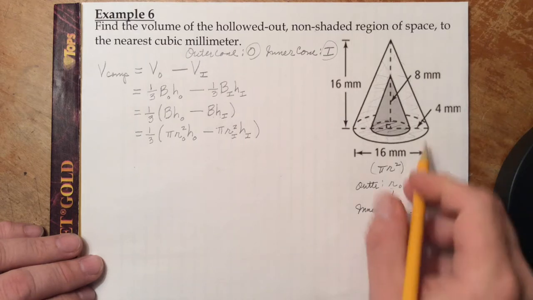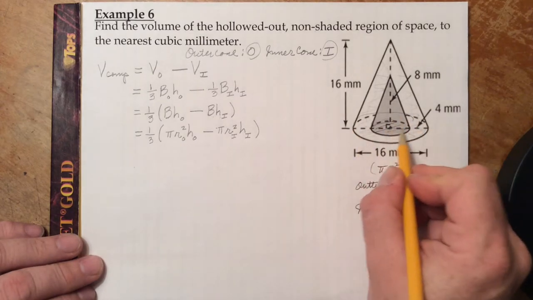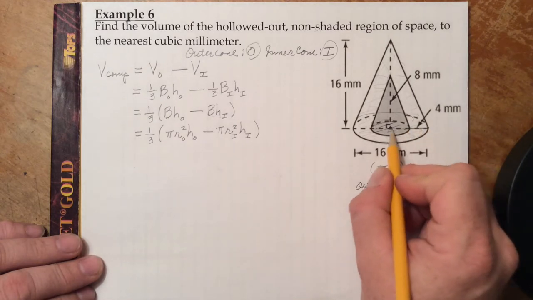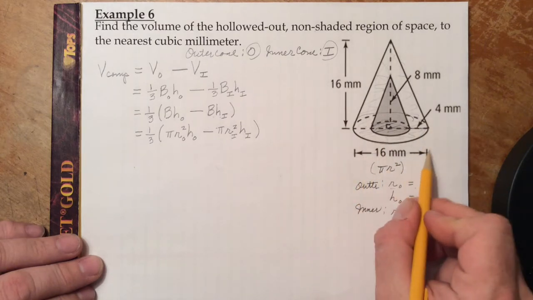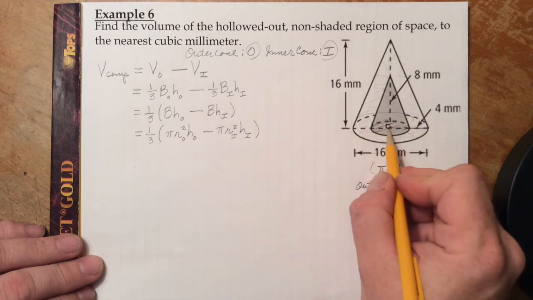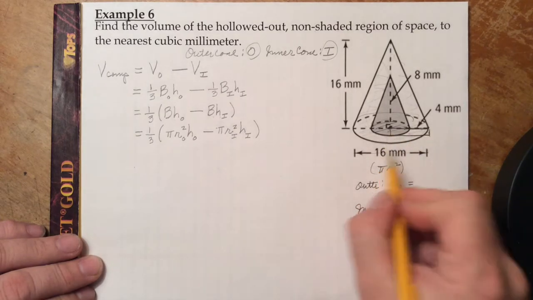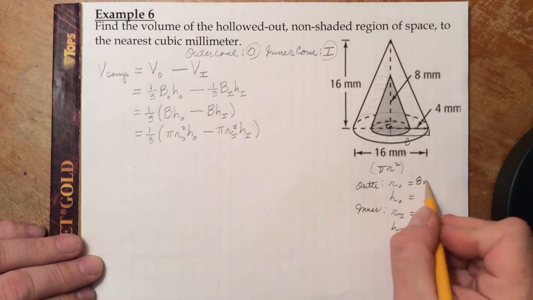In the outer cone, of course, we start at the center of the base circle, which is this big one, and we move out to the cone itself. Well, this indicates this is 4 millimeters, so we need this also. How much is that? This whole diameter for the big cone is 16, so half of it would be the radius from here to here. And of course, that's 8.